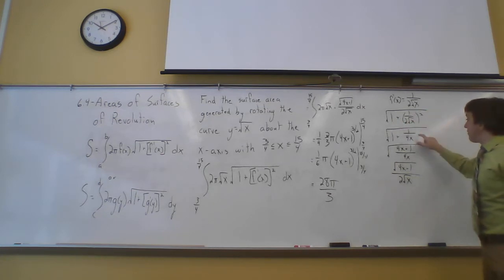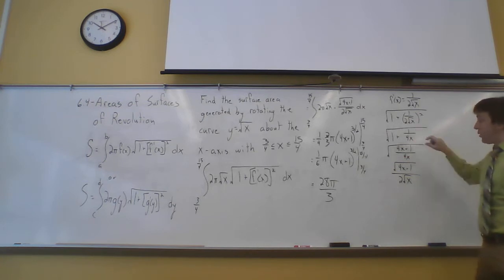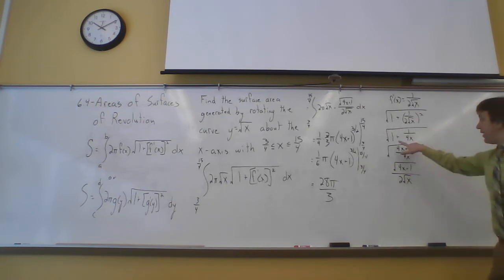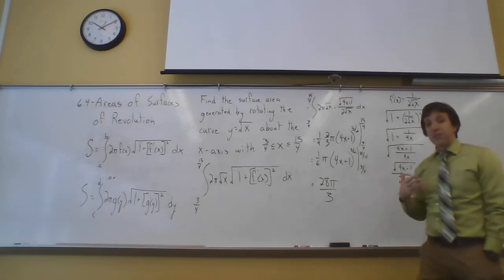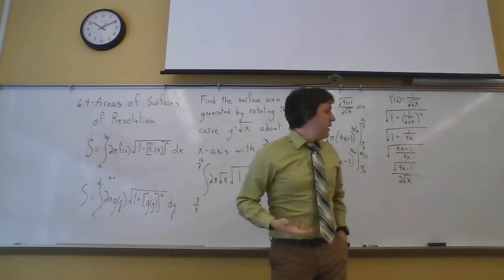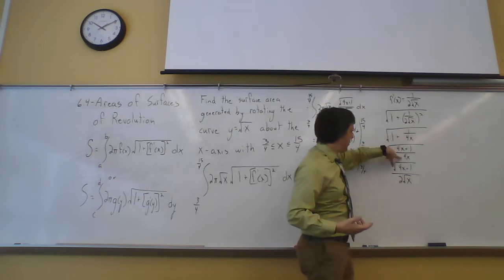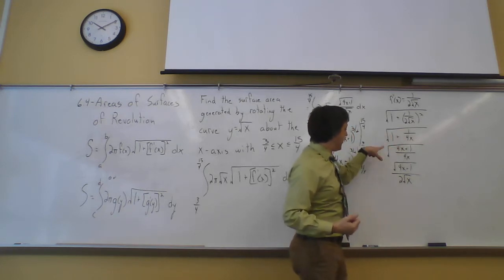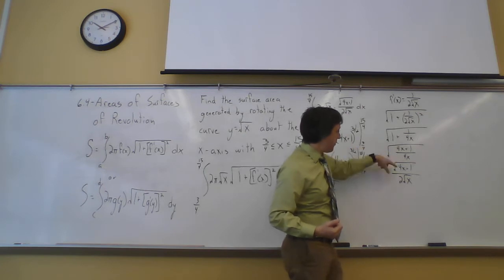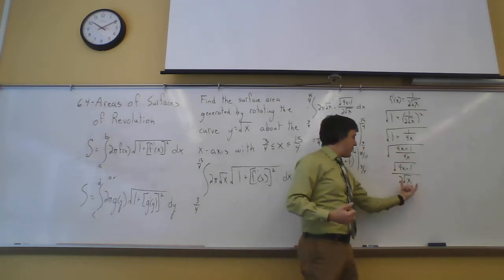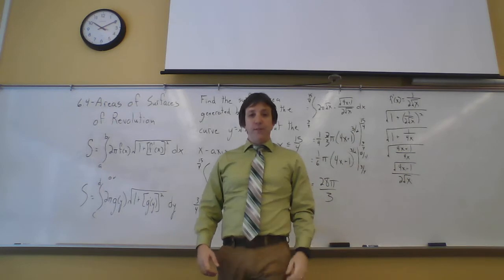So I square this second fraction, which just gives me 1 over 4x. And then I combined the 1 and the 4x. Basically, I turned the 1 into a fraction, which is 4x over 4x. And so then I had 4x plus 1 over 4x. Splitting the square root then gave me the square root of 4x plus 1 on the top, and the square root of 4x is 2 times the square root of x.